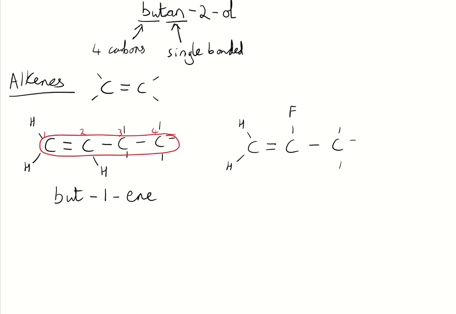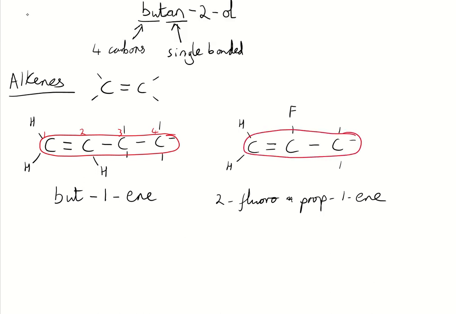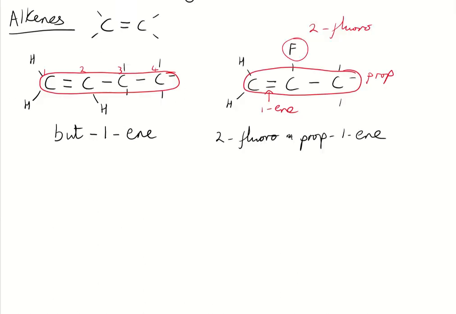Then this one would be 2-fluoro, don't need a dash there, prop-1-ene, because we've got the prop, we've got the 1-ene, and the 2-fluoro up there. So those are the more general alkenes that do not show the geometric isomerism. We'll go through one that does.